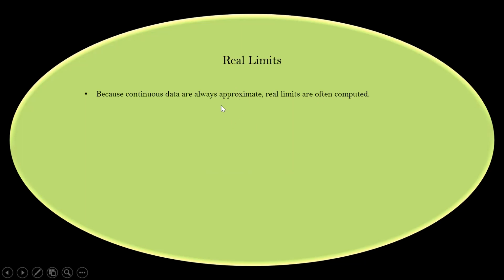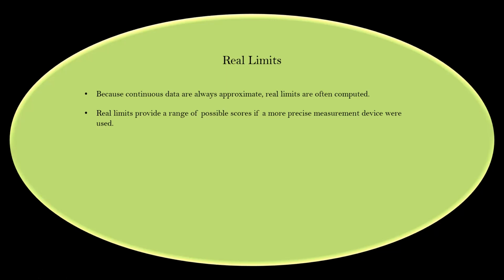And the reason we would create these is because continuous data are always approximate data. And the purpose of real limits is to provide us a range of possible scores where your actual score would fall if you gained one level of precision on your measuring device.